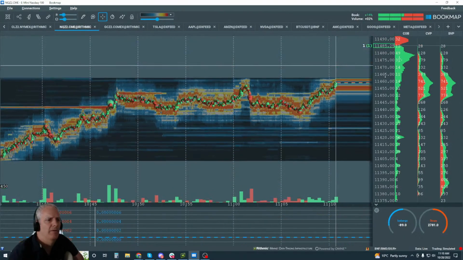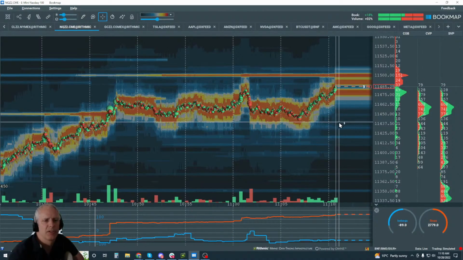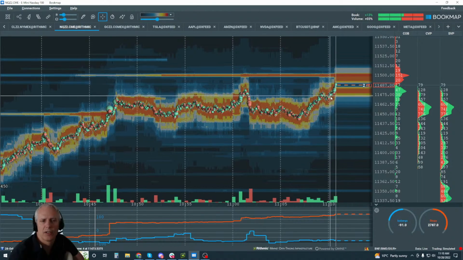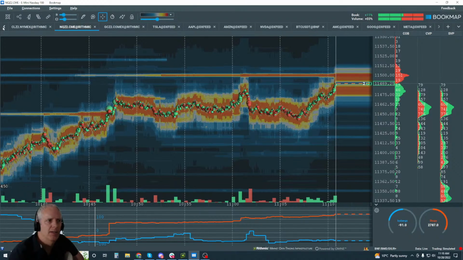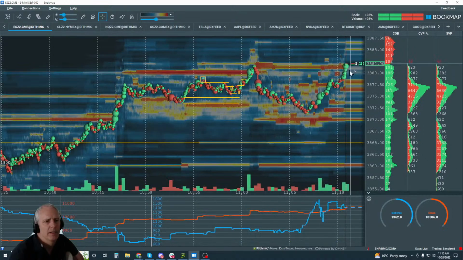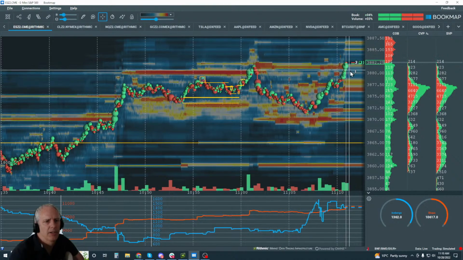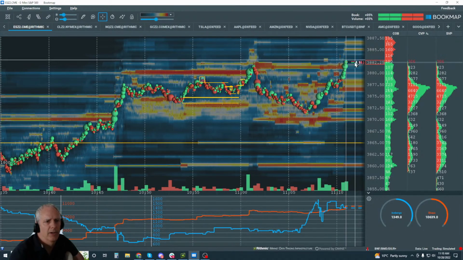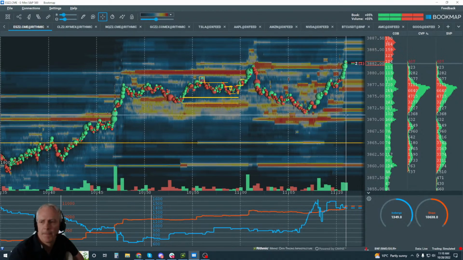Even though there's a strong dollar, Nasdaq's breaking out, S&P should be following, right? And it is, and it's just starting to break out. So looking for S&P to continue, basically.